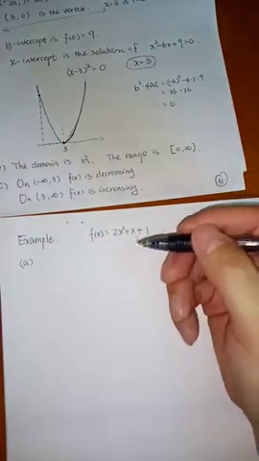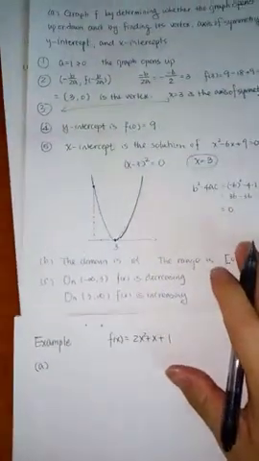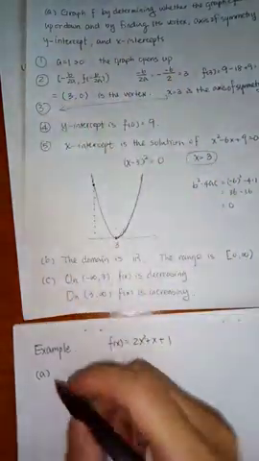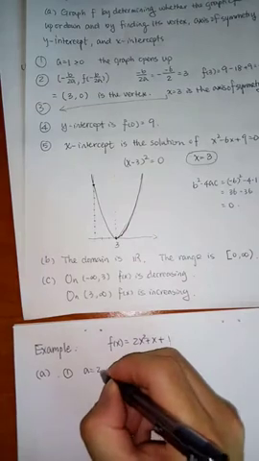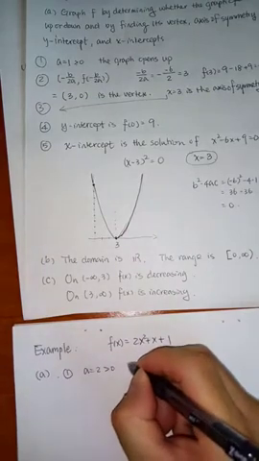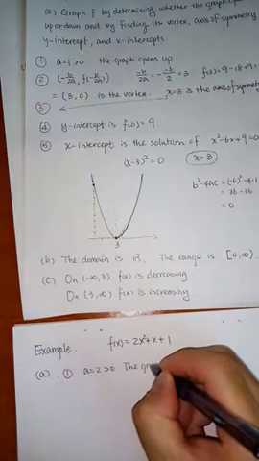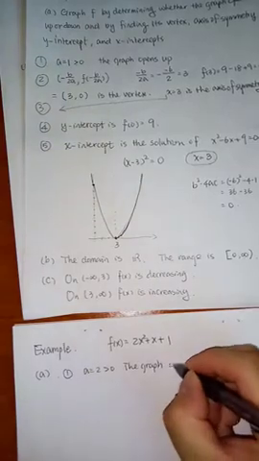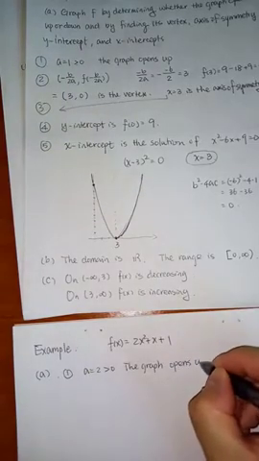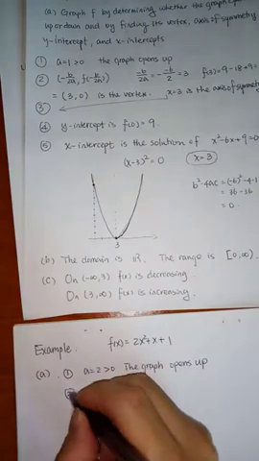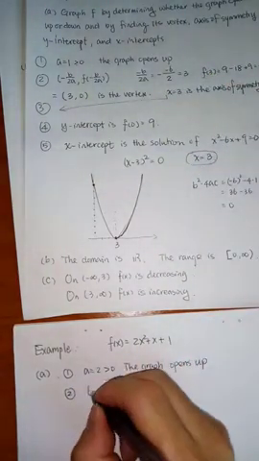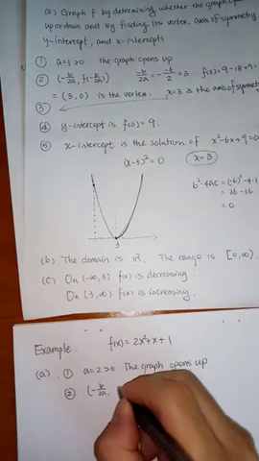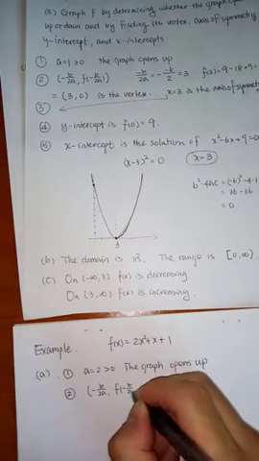Same question. We're going to have this list of information. The opening: a equal to 2 is positive, so the graph opens up. The vertex: negative b over 2a, f of negative b over 2a.